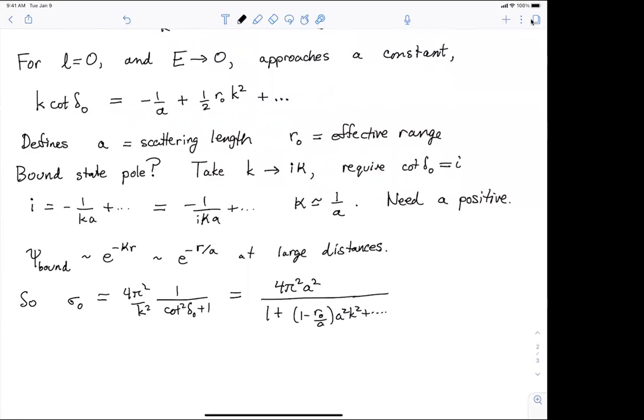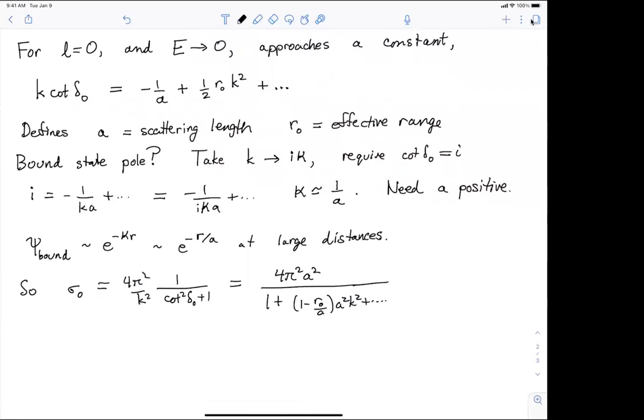Okay, and so there's some constant in the numerator, and this looks a lot like hard sphere scattering, but a is the scattering length, not the size of the potential.